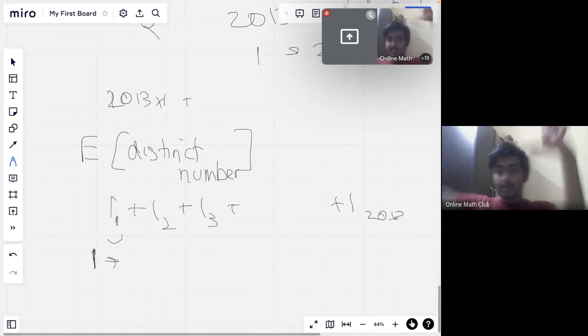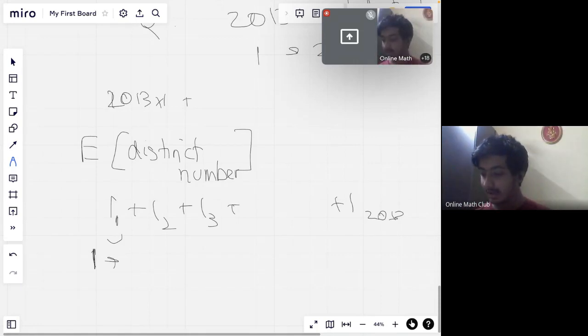It can be there multiple times or one time, but if it's in the set, this is 1, and it's 0 if it's not there. The distinct numbers will be equal to the sum of these indicator variables, because if all of them are there, then all of these are going to be 1.